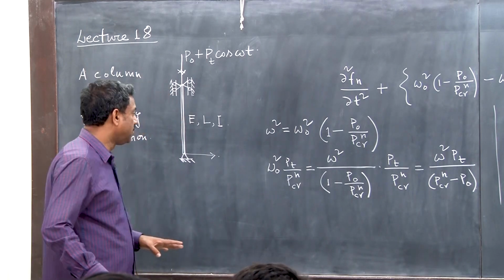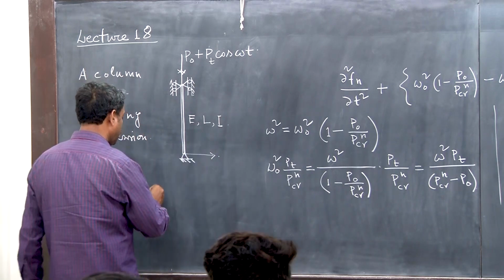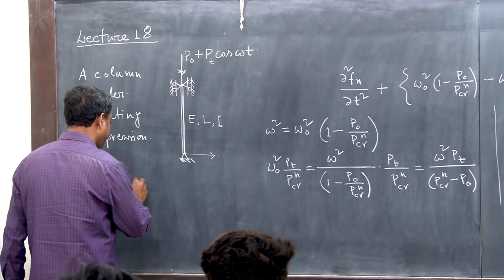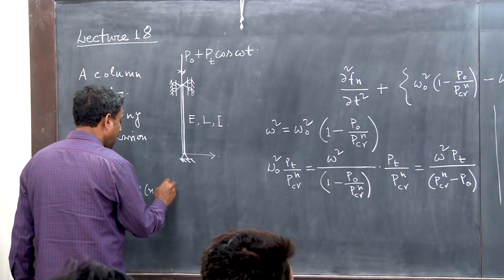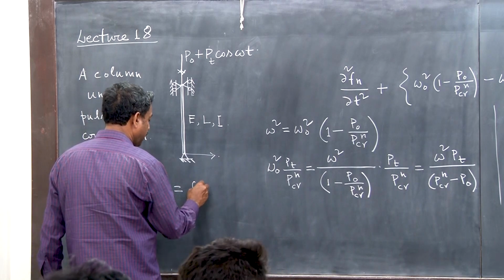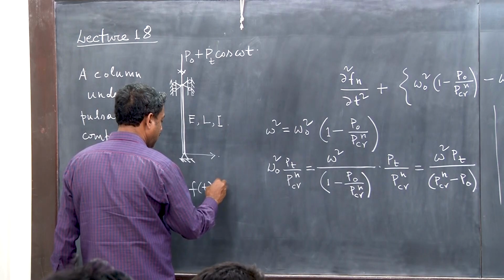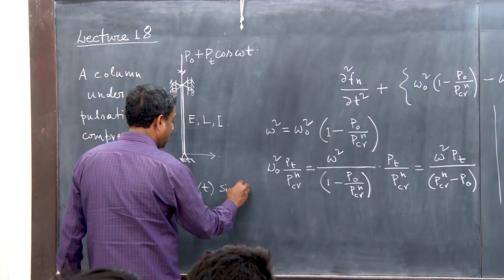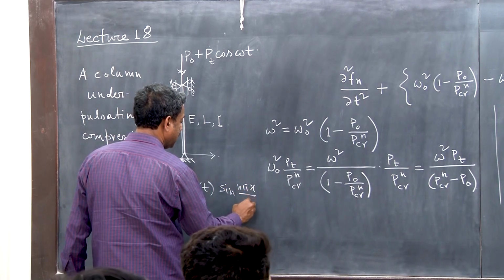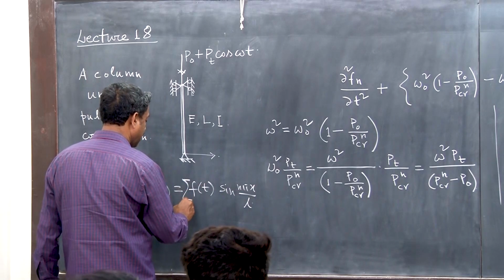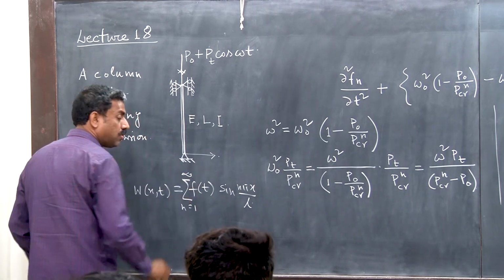With this, we assumed the solution of that equation to be of the form W(x,t) equal to the summation of f_n(t) times sin(n pi x by L), since there are a number of modes we can consider.